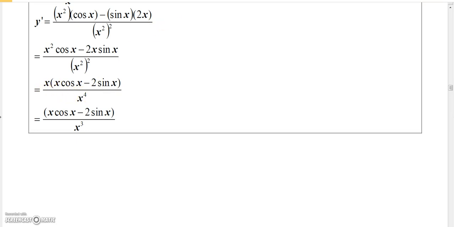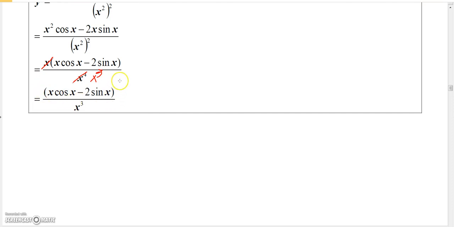And you should know that you can actually simplify that, because x over x to the fourth is the same as 1 over x cubed. So we can write that, cancel the x into the x fourth, and get x cubed in the denominator. And so we get x cosine x minus 2 sine x all over x cubed. And so that's the derivative.